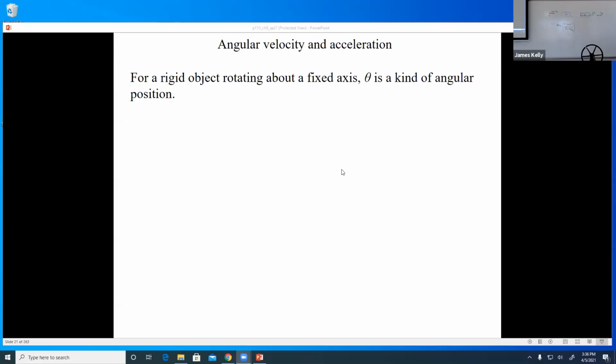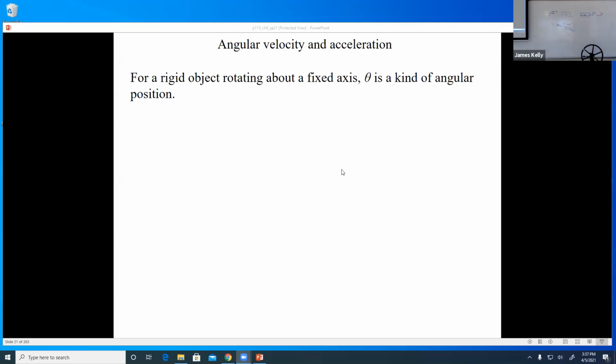So we're going to think of it the same way, and we're actually going to use that to make the same kinds of definitions, because we'd like something that tells us not only what position we're at. Where's that little white dot? Well, we're going to specify it by saying, maybe to my right is the reference point for theta equals 0. We're just going to say what angle it's at by giving an angle relative to there.